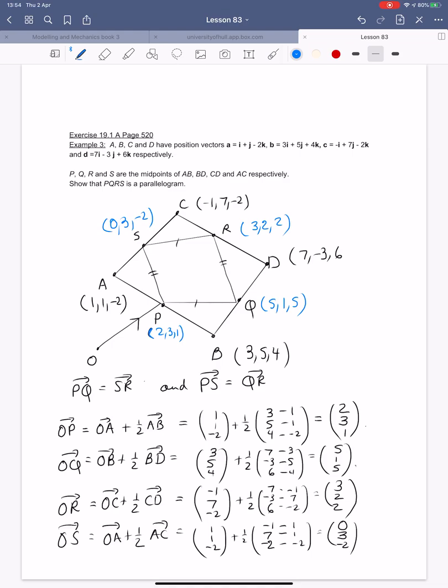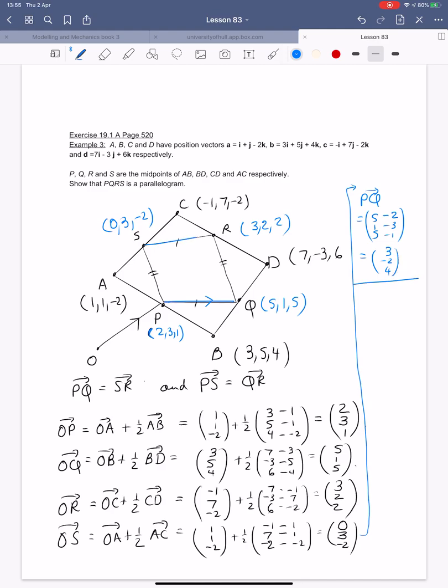Okay, so I need to look at the vector going this way. That one there, P to Q, I'll do these by the side actually. So once you've got all these, you can come up here, P to Q. So it's 5, 1, 5 minus 2, 3, 1, which is 3, minus 2, 4.